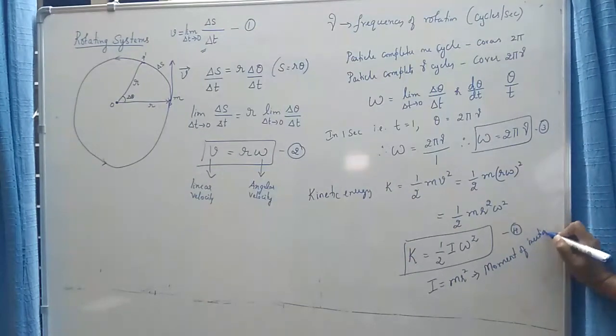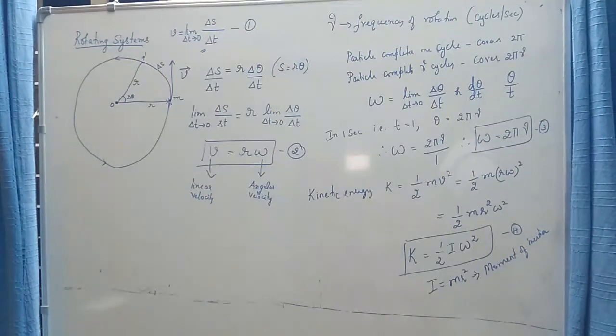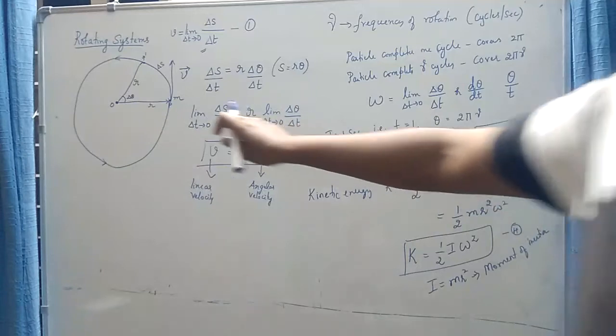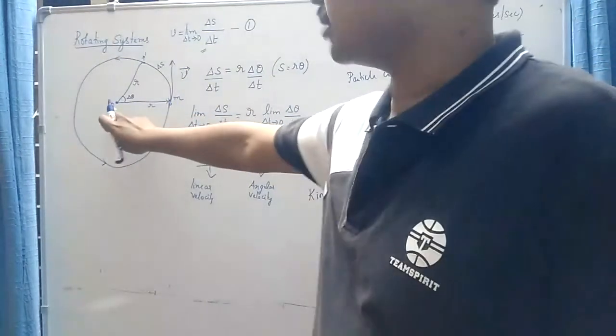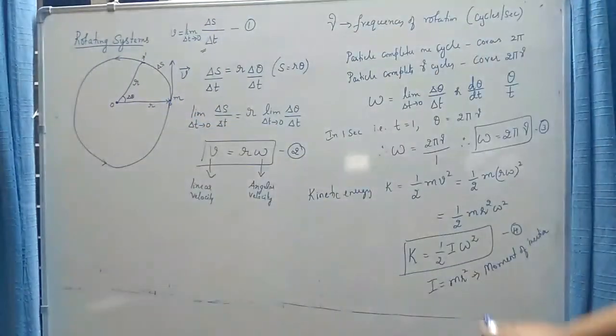We will not discuss it in much detail, but remember this moment of inertia, it is a characteristic of the system, it is the characteristic of the particle, because it depends on m, the mass, and it depends on the distance between that particle and some reference point O. So it is a characteristic of the particular system called the moment of inertia.